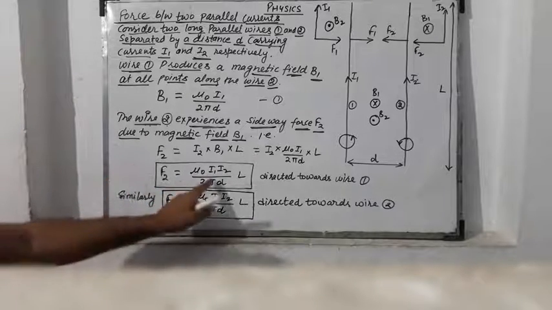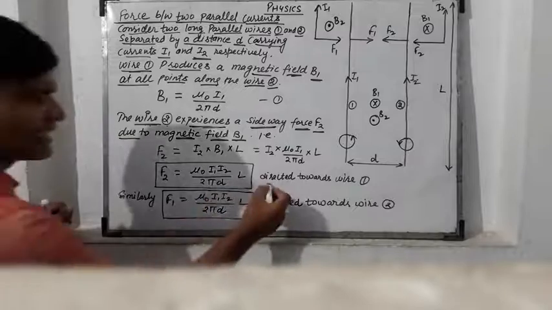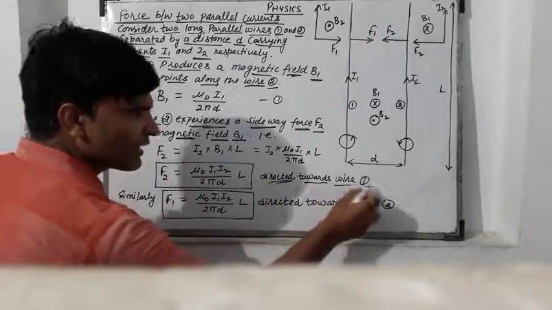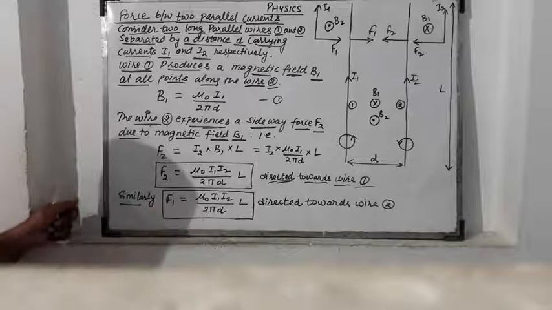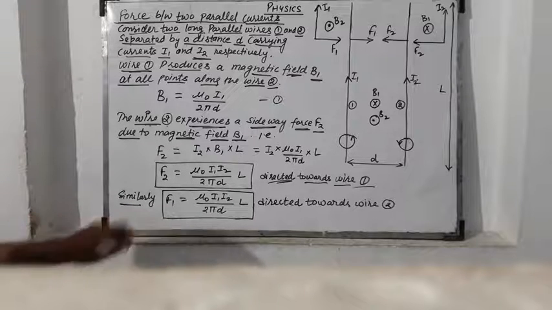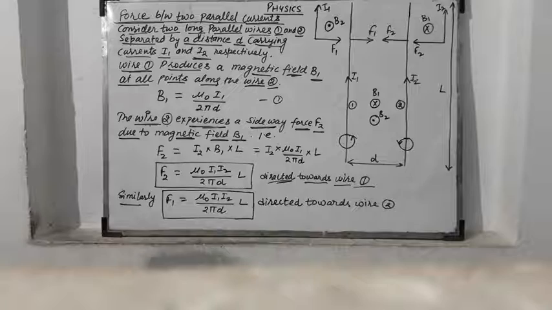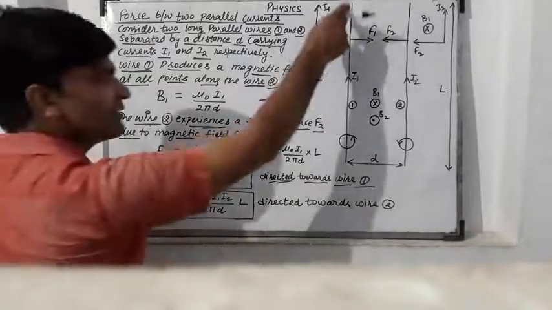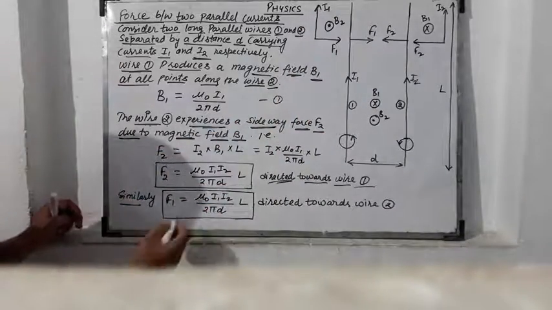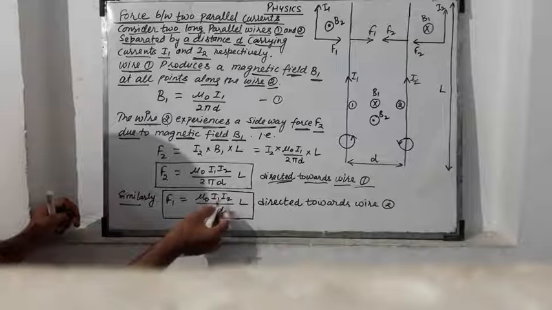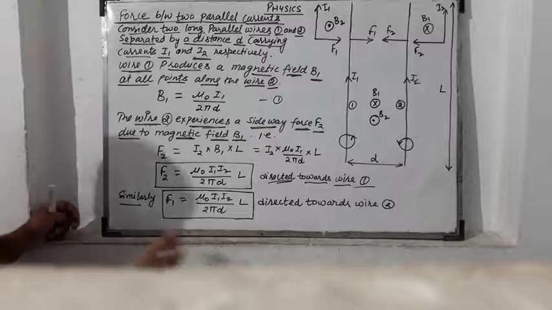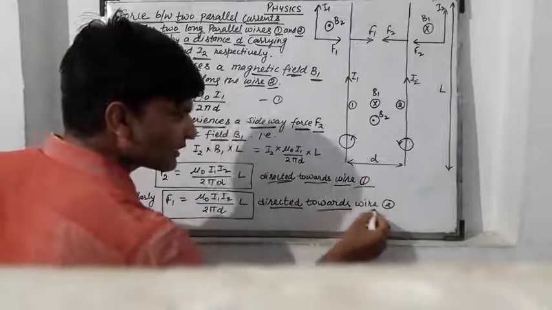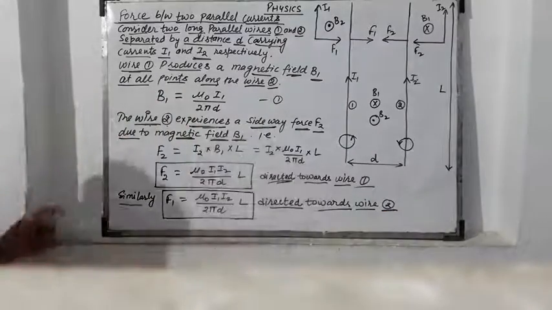The direction of this force is directed towards wire 1. Similarly, we can find the force F1 on wire 1, that is mu naught I1 I2 upon 2 pi d into L. This force is directed towards wire 2.